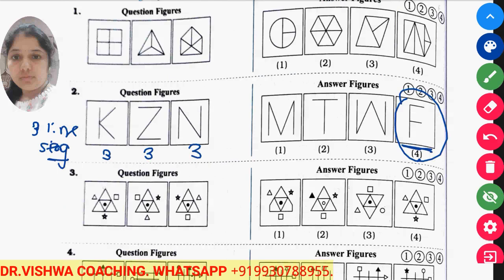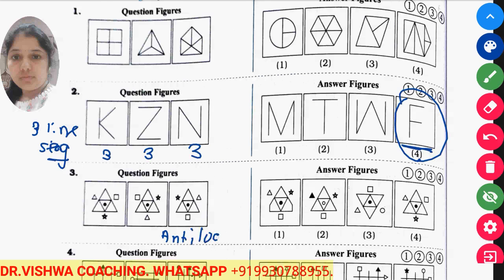Now in the third figure, if you look carefully, there is a big triangle, and each side has a small triangle, square and star. And in the next figure, star goes back, triangle goes back, square goes back. Again star goes back, which means they are rotating anti-clockwise.